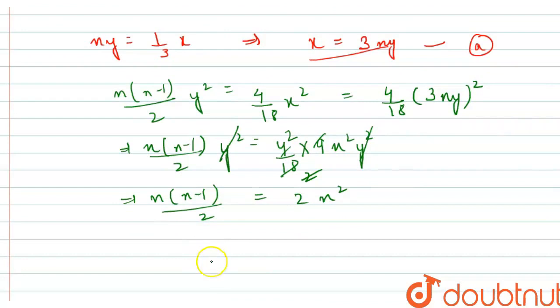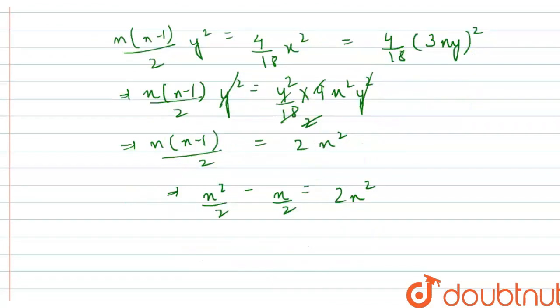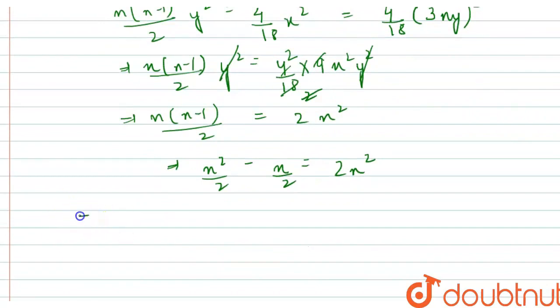I can also write it as n square by 2 minus n by 2 is equal to 2n square. Correct? Now rearranging this equation, I can write it as 2n square minus n square by 2 plus n by 2, so I'm taking it all on one side.